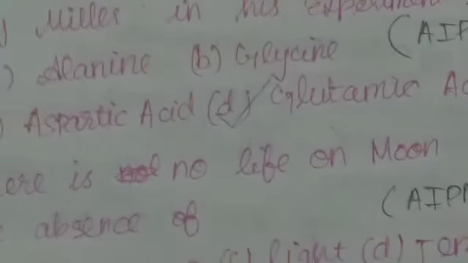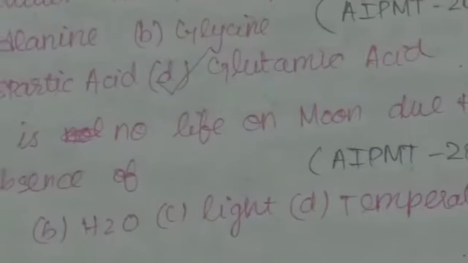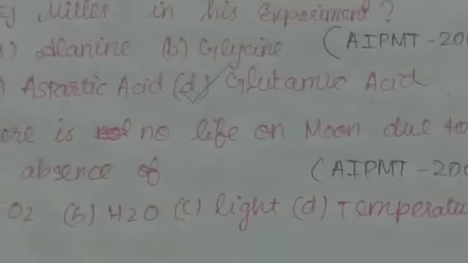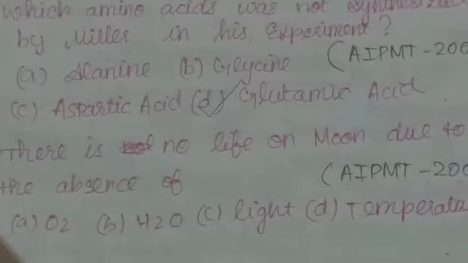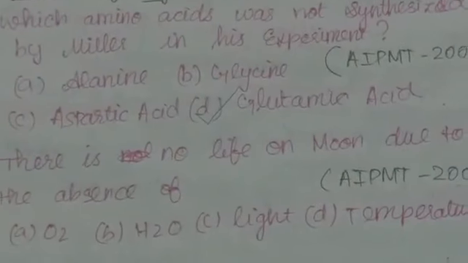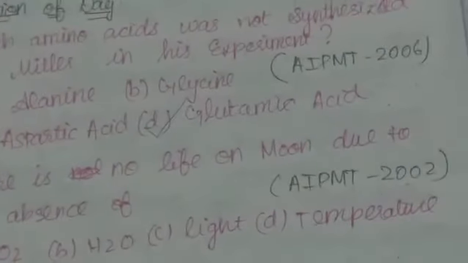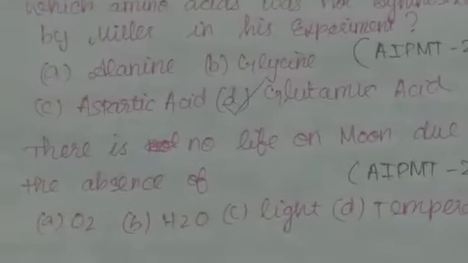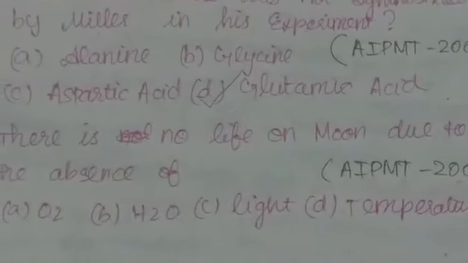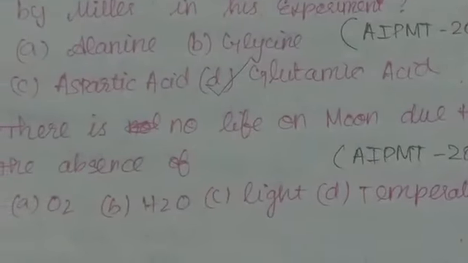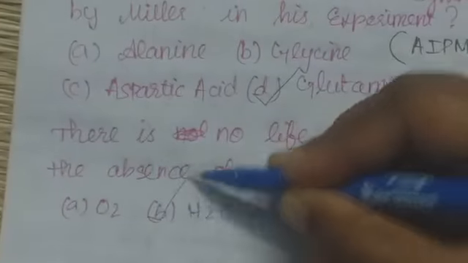Next question: there is no life on the moon due to the absence of what? This question was asked in AIPMT 2002. The options are oxygen, water, light, or temperature. What do you think? Oxygen is available, light is available, temperature is sufficient, but water is not sufficient.